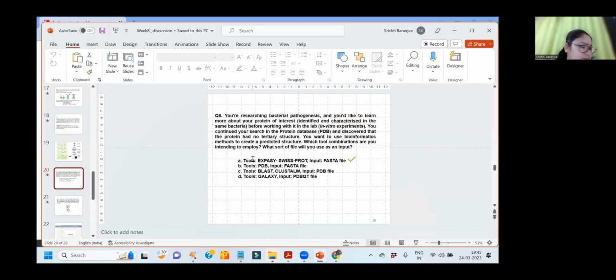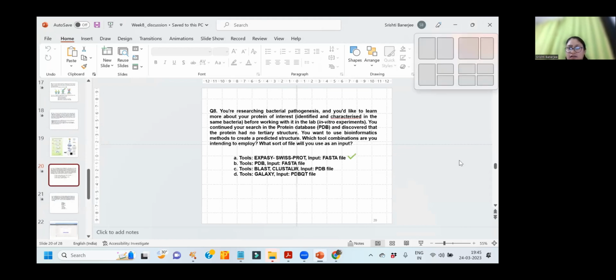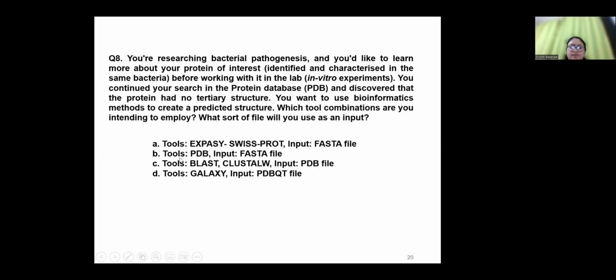Is it clear how we process it, how we use it? We need to have a FASTA file, and then we can just directly paste the file into the query panel. That is how your predicted structure will look if you don't have a structure already predicted.